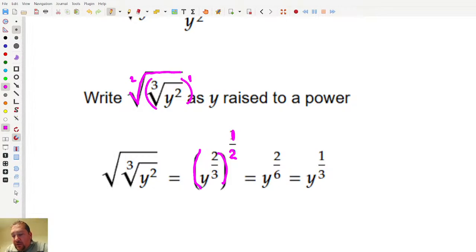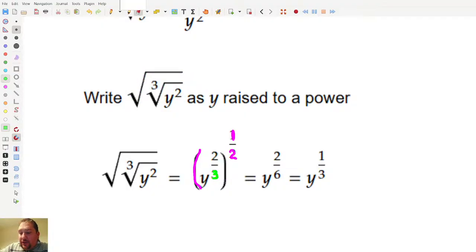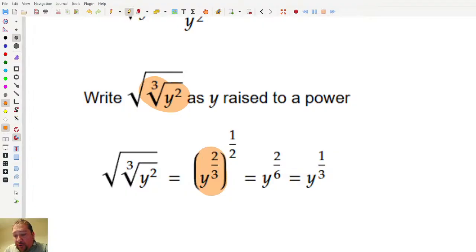So that's the structure there. Now when I focus on the inside parentheses, I have an index of 3 and an inside exponent of 2. So this piece right here becomes y to the 2/3. If you need to, go back and look at that again. I'm going to just highlight it this time. Here's my inside. That becomes y to the 2/3.